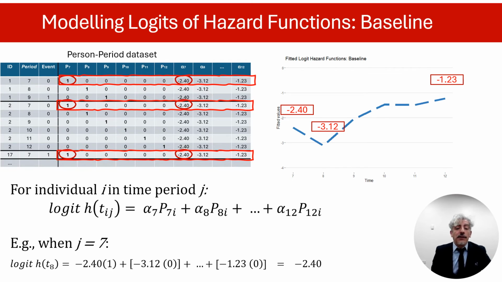So effectively, each time period then has its own period-specific intercept, and therefore we obtain a jagged line like the one displayed here. So every time period basically has different intercepts, which can then raise or lower the value of the estimated logit of hazard functions.